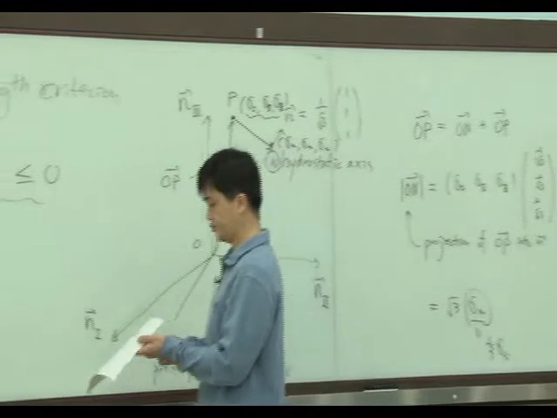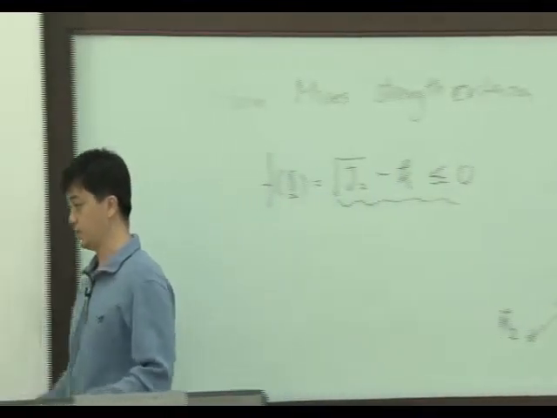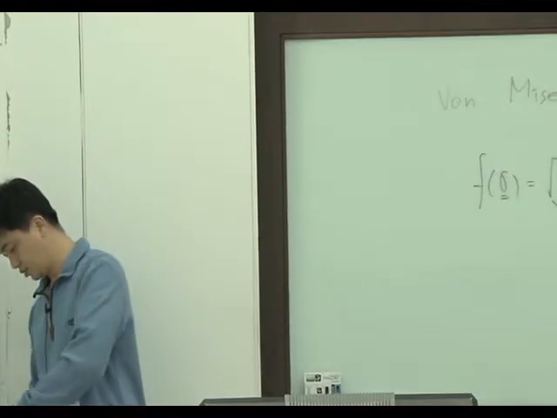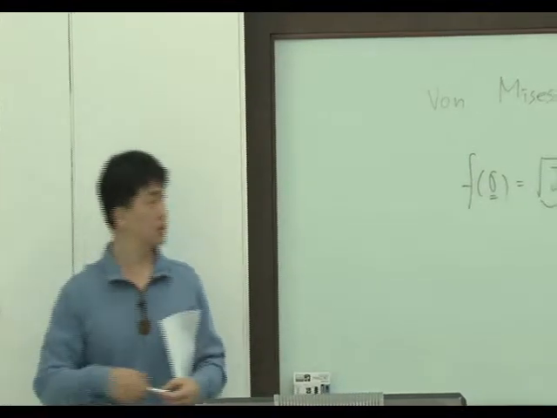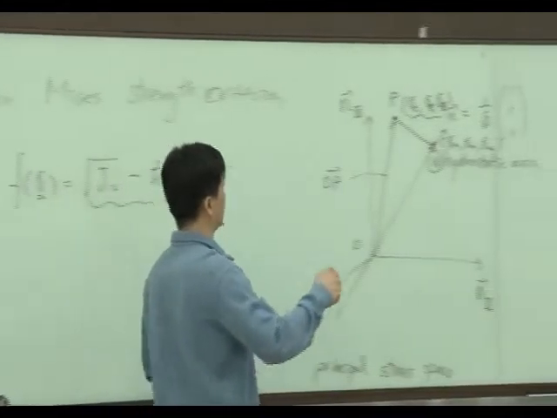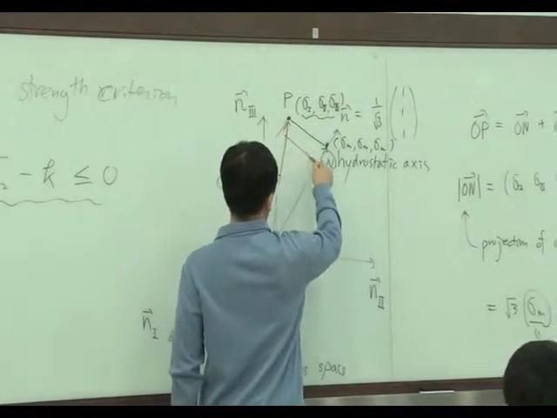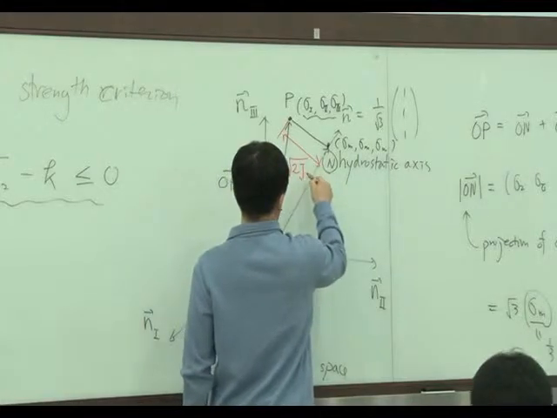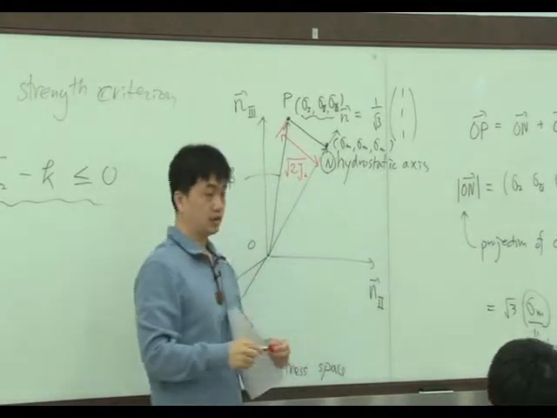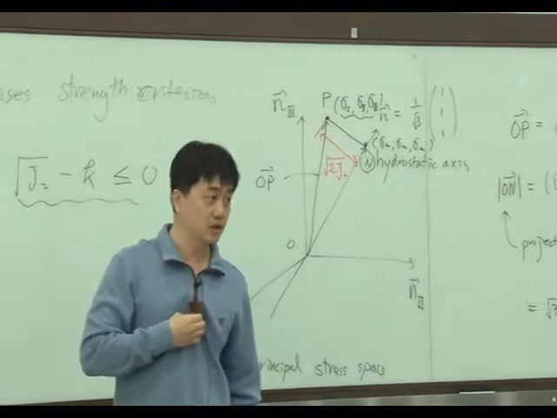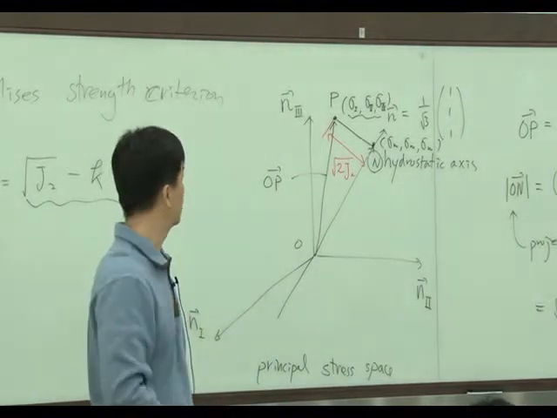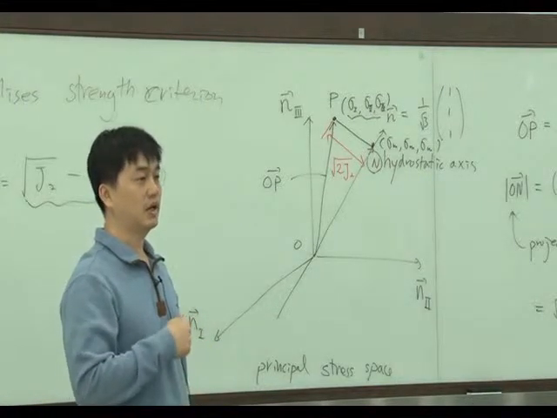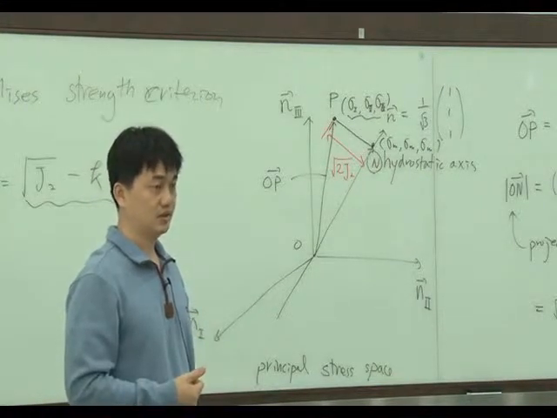So here we now know the very important concept of J2. Square root of 2J2 physically means the distance from the hydrostatic axis, right?